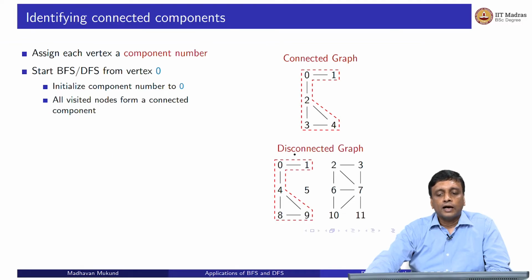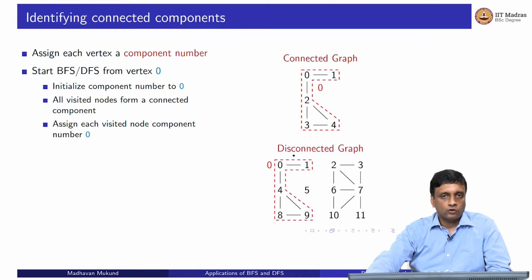So, in the graph on the top which is connected, this spans everything because all the 5 vertices are actually reachable from 0, including 0 itself, whereas on the bottom it does not span everything, right. So, we reach 5 out of the 12 vertices, the remaining 7 vertices are not yet reached. So, now we assign all these things which we can reach in the first round of BFS or DFS the value 0, that is these are all in the 0th component.